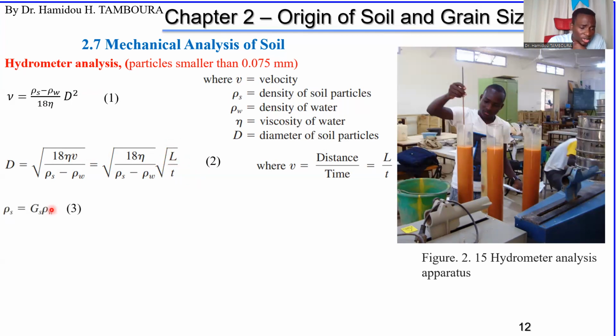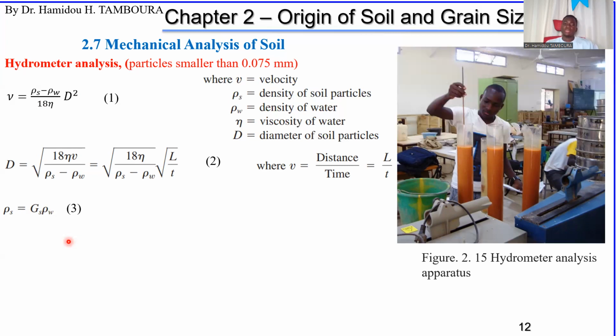Remember, in the previous videos, we talked about specific gravity, this one, Gs. Specific gravity is just a ratio. Specific gravity of soil is the ratio of the weight of the soil divided by the weight of water. That's the meaning.